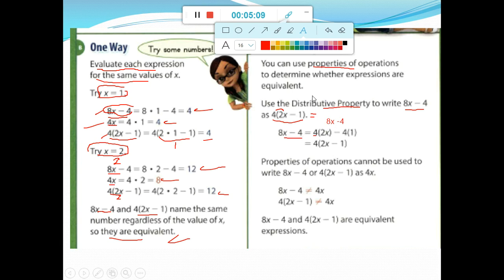Now we go to the last one, this expression, 4x. We can't use any property, so it can't be written as 4 parentheses 2x minus 1 or 8x minus 4. So 4x is not equal to both of them, but 8x minus 4 and 4 parentheses 2x minus 1 are equivalent.